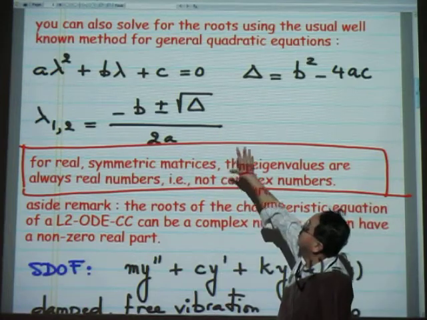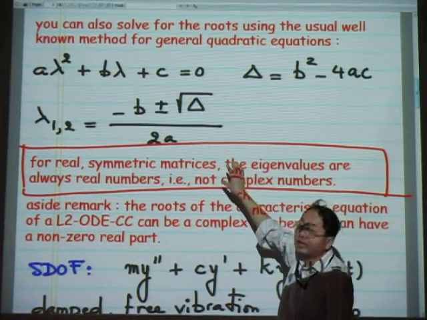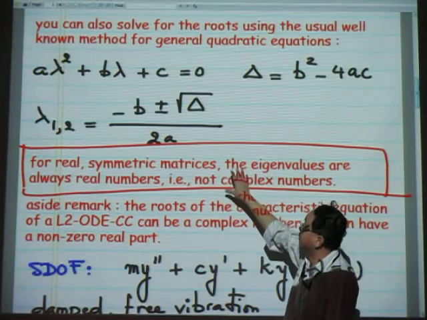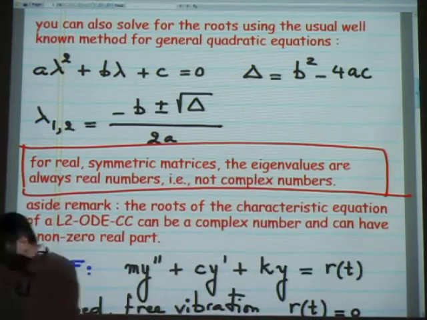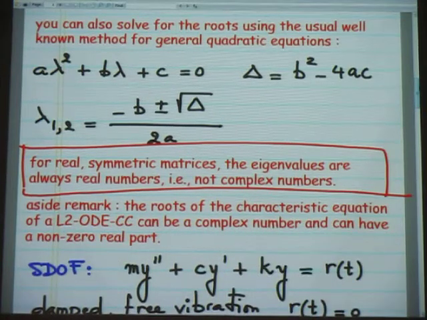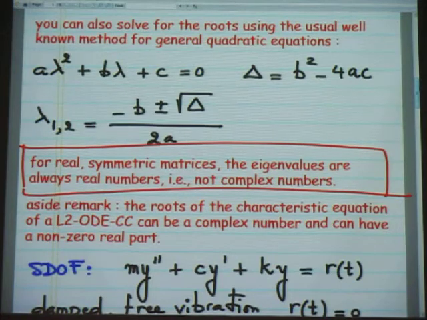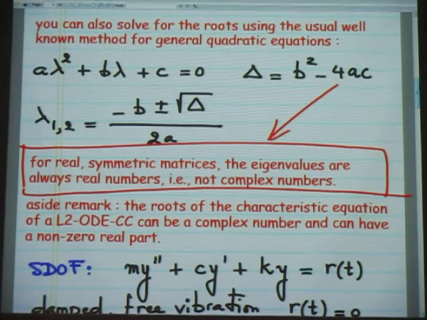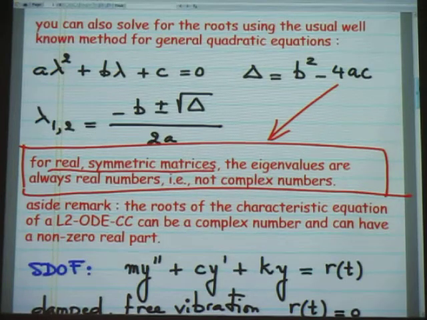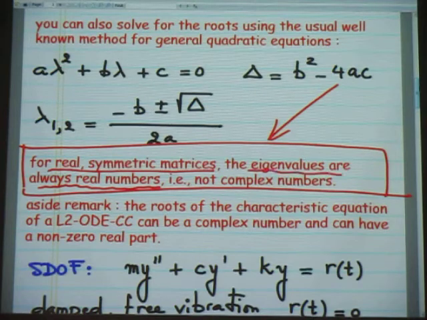But in terms of the eigenvalues of the stiffness matrix that we are looking for, this is a very important property: for real symmetric matrices, meaning symmetric matrices with real coefficients, real meaning not complex numbers, you would always get the eigenvalues to be real numbers.